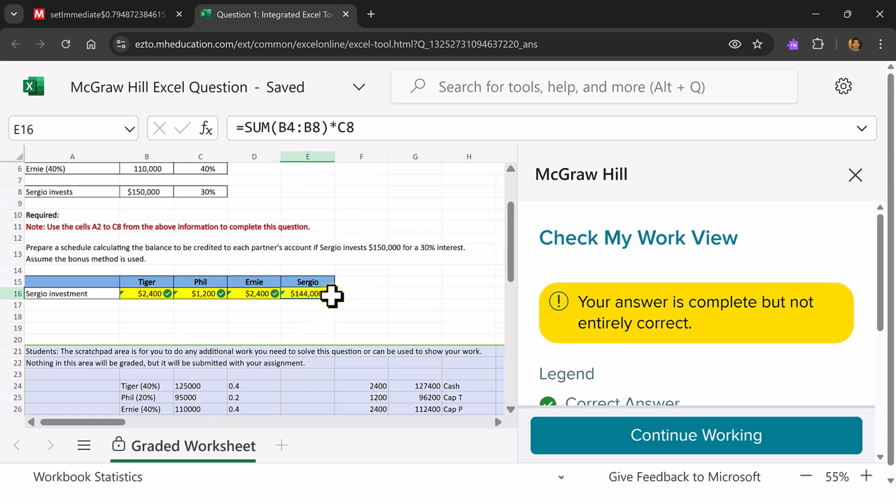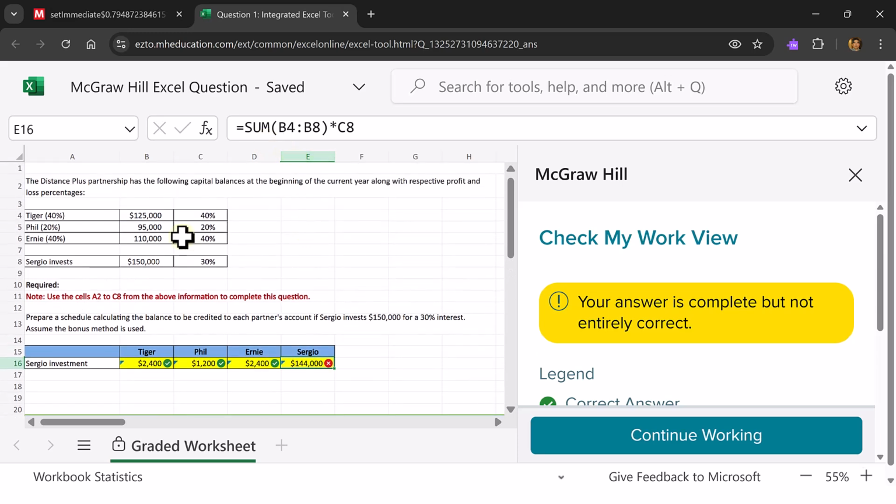This is what's being marked incorrect: the sum of cells B4, that's 125, all the way down to B8, 150. What the solution doesn't like is I'm adding in this blank cell here, which I think is okay because you cannot change anything here because it's protected, yeah? But let's just add up these three cells as a sum and then plus this cell down here to get the same total that's inside here.